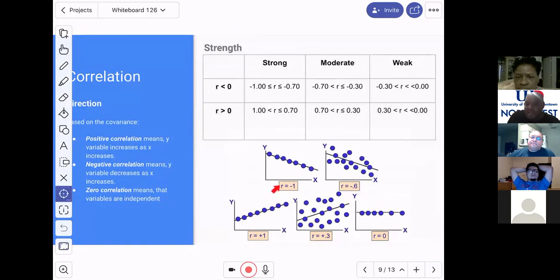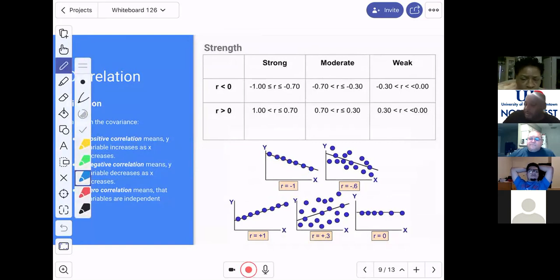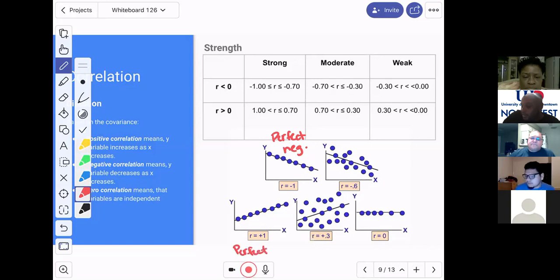When R equals -1, this is called perfect negative correlation. And when R equals +1, this is called perfect positive correlation.